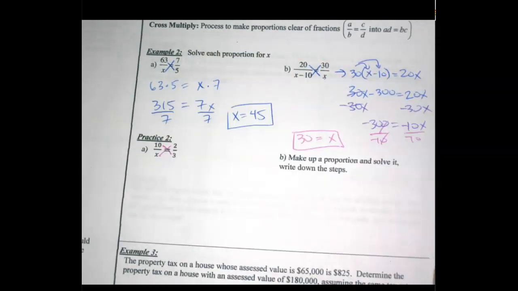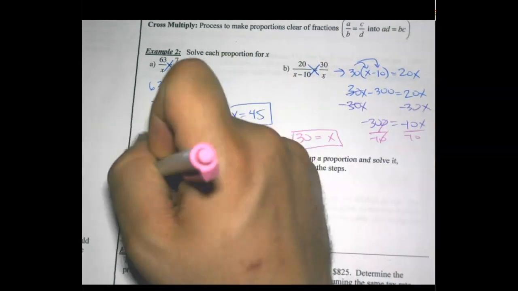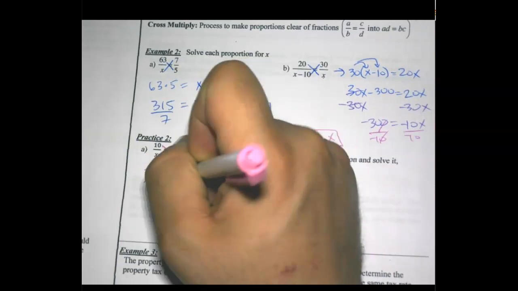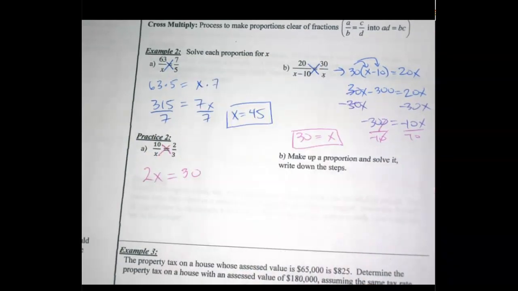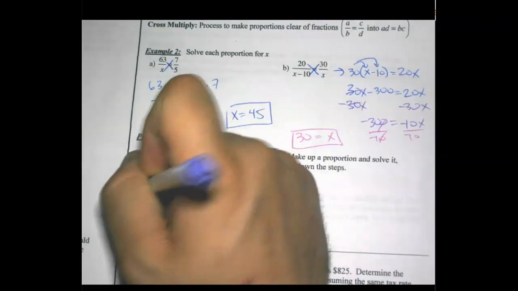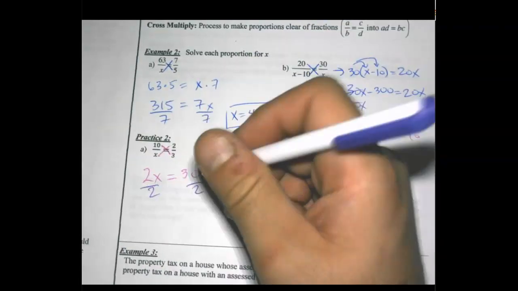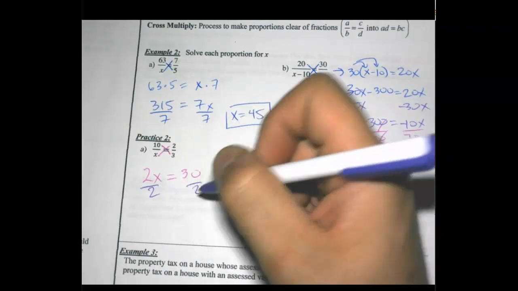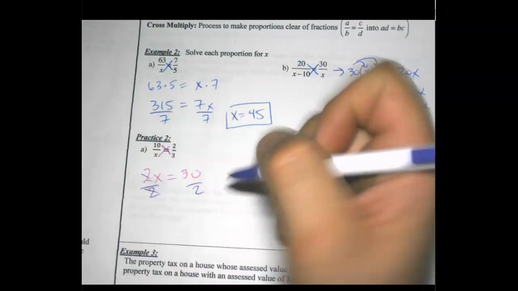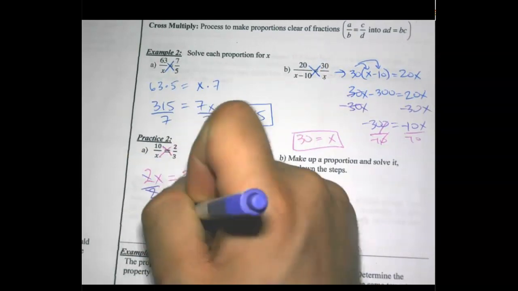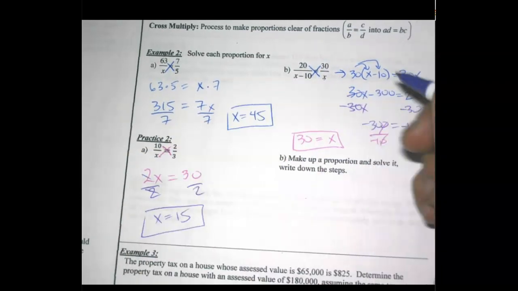So 10 times 3 equals 2 times x, so 2 times x is 2x. 10 times 3 is 30, so you could do mental math. Even if you use a calculator, you could multiply without having to actually write down the multiplication. So divide by 2, x equals 15.